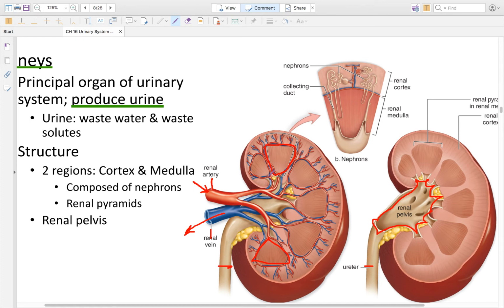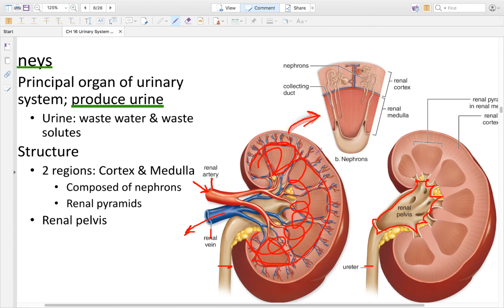Now the two main regions of the kidney: the outer region is called the renal cortex. See this whole middle region carrying the pyramids and all of it? That is called the renal medulla. So they've zoomed out for us a perfect piece of the kidney. It has everything.